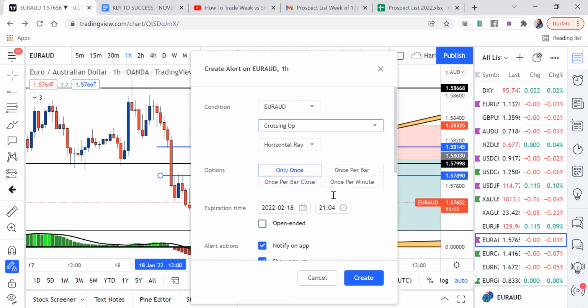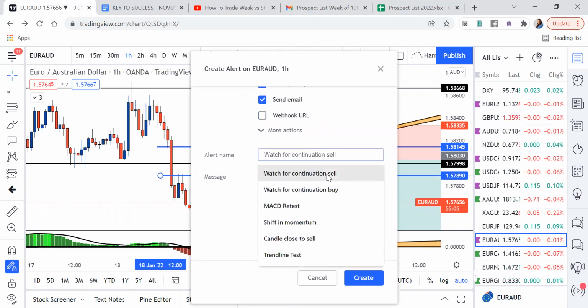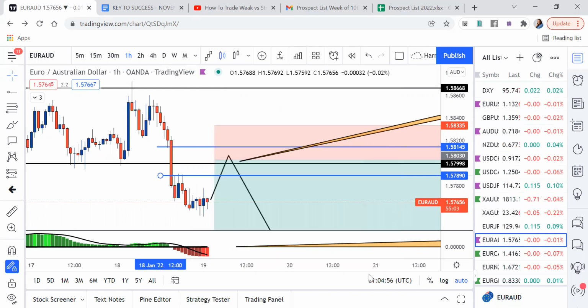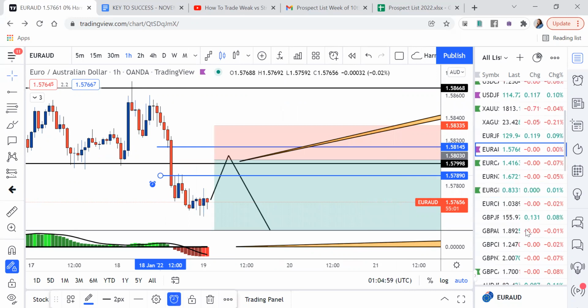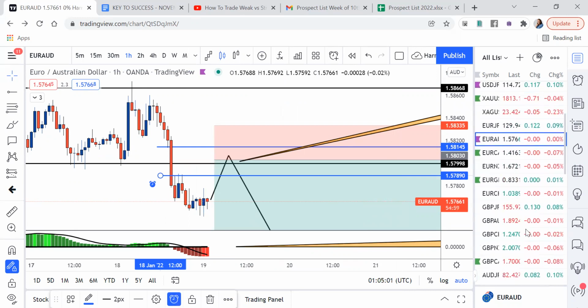Crossing up, watch for continuation zone. That's how I get into my trades. I get into my trades setting alerts. So when the alert goes off, they look and they realize that the trade is around my entry, and market execute if they don't have a limit order set. Because it's not every trade. You're not going to have 50 limit orders on your phone. You shouldn't.